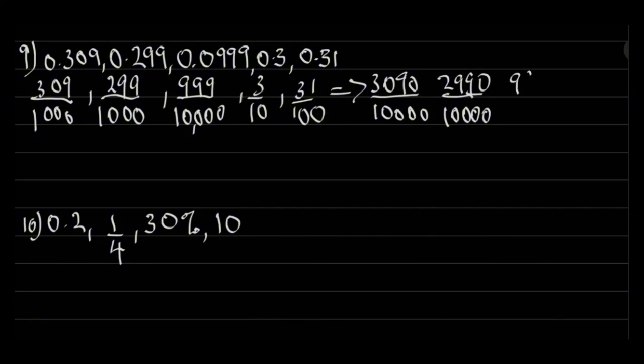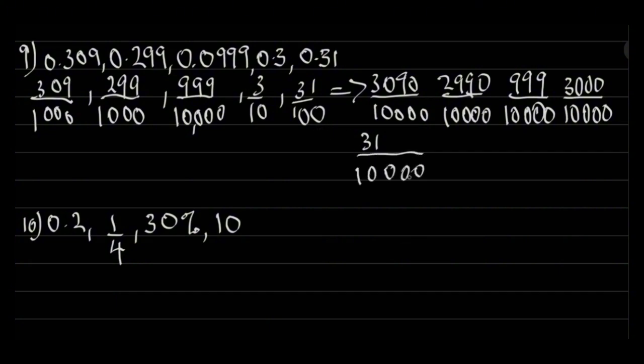Next, 999 will be the same, so we still have it over 10,000. Then 10 will go into 10,000 1,000 times, so this would be 3,000 over 10,000. The last number is 31, which goes into 10,000 100 times, so that would be 3,100.